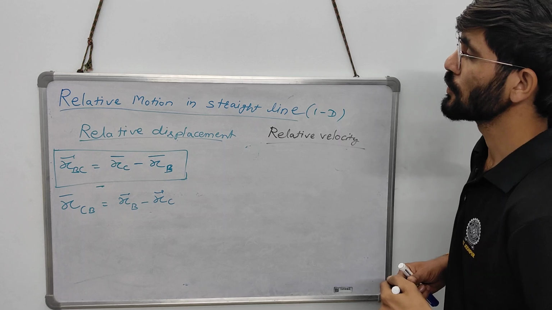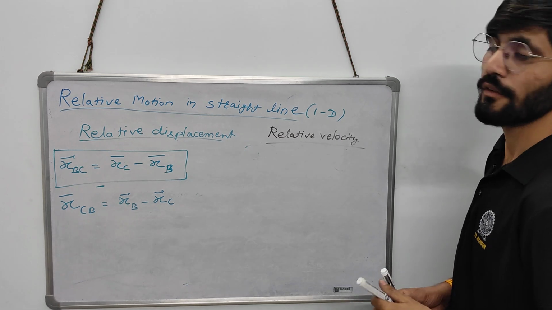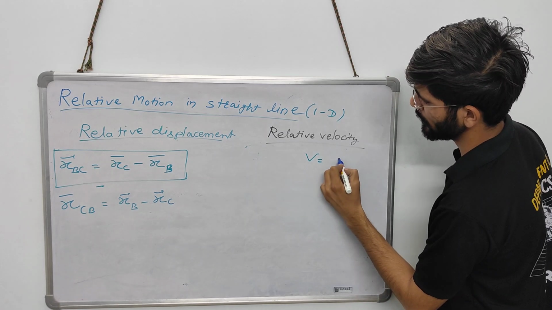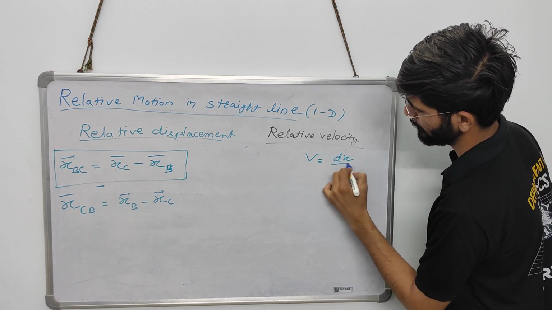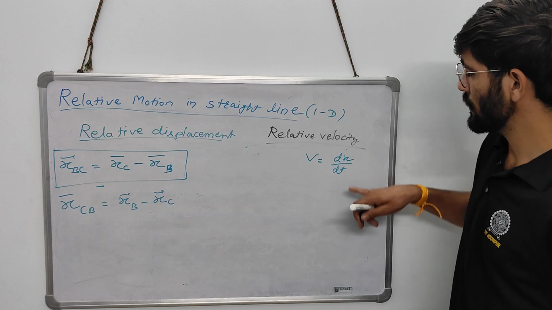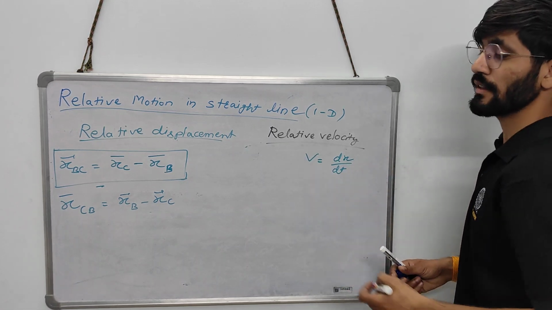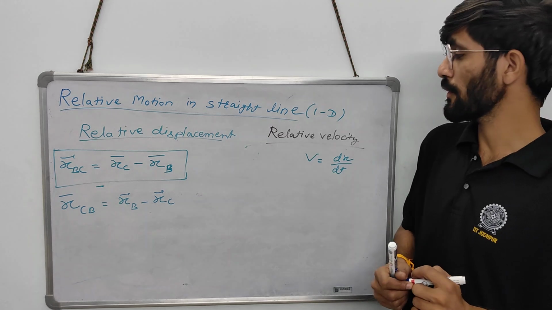So what is velocity? How do we define velocity? Velocity is nothing but dx by dt, meaning displacement upon time. As we know, in Newtonian mechanics, time is independent of the frame of reference.